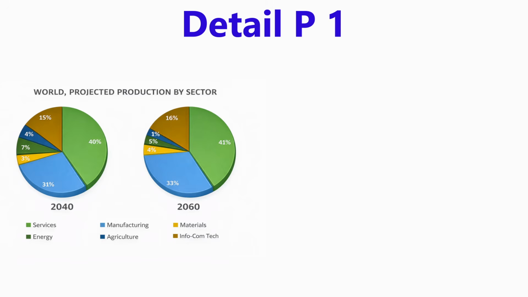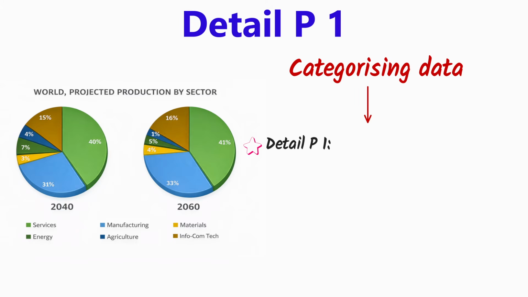Now, let's jump to writing our two detailed paragraphs. Well, there are two ways that you can categorize data here. One of them is to write, for example, in the first detailed paragraph, about services, manufacturing, and energy, comparing them in these 2 years, 2040 and 2060.